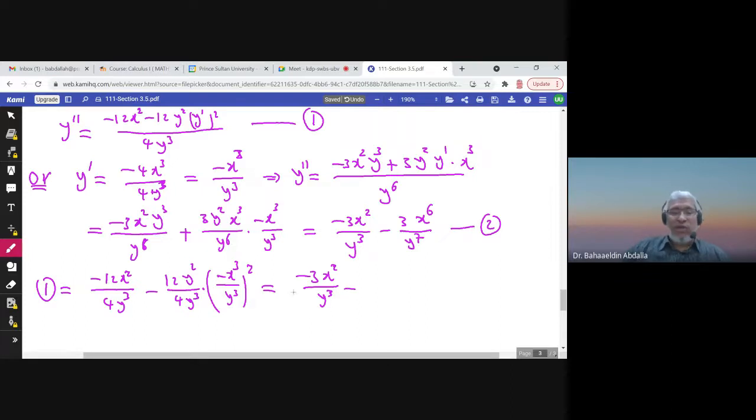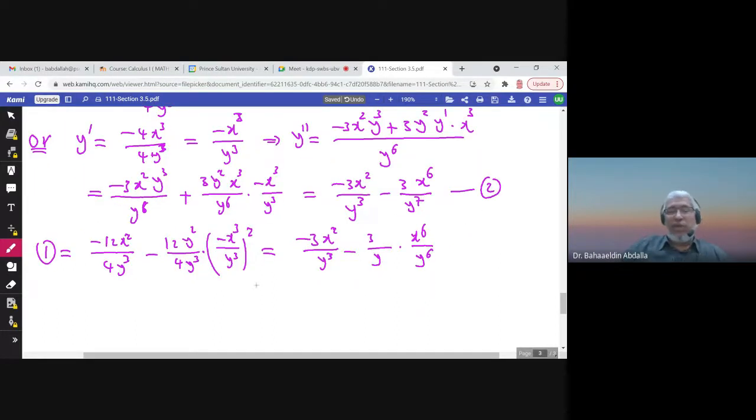Now minus 12 over 4 is 3, and y squared over y cube is 1 over y, so y to the power 3 minus 2 is 1. And I have here x to the power 6 over y to the power 2 times 3, which is 6. So this would be equal to negative 3x squared over y cube minus 3x to the power 6 over y to the power 7, which is equal to equation 2.